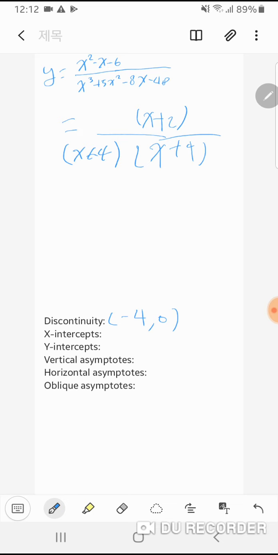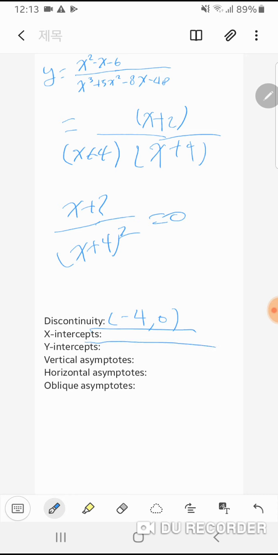Okay? And then the x-intercept. The x-intercept is y equals 0. So it is this numerator equals 0.